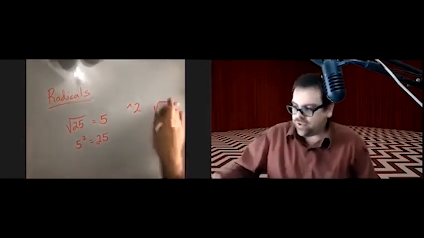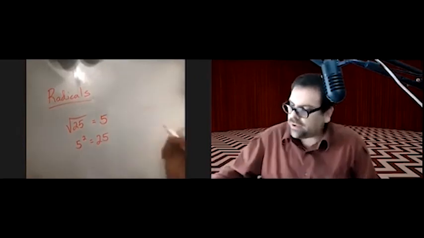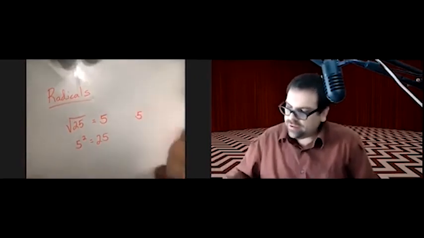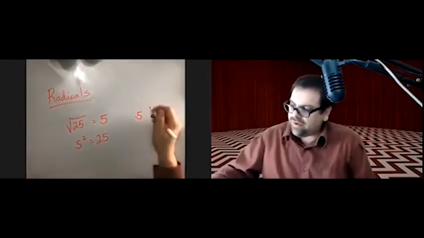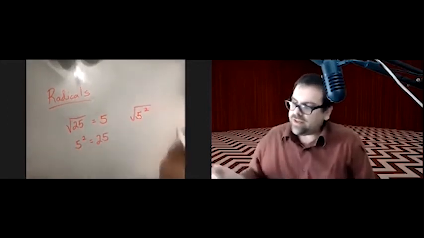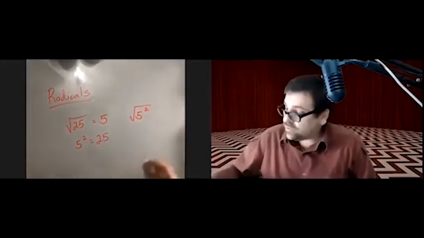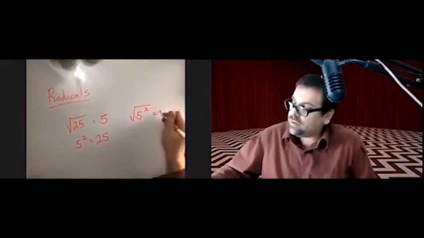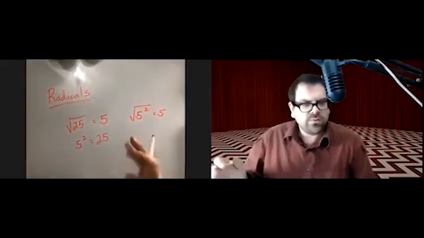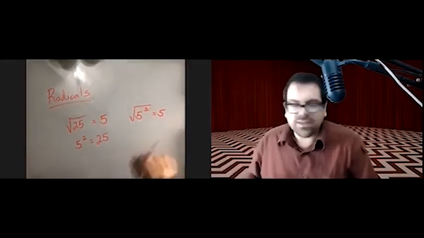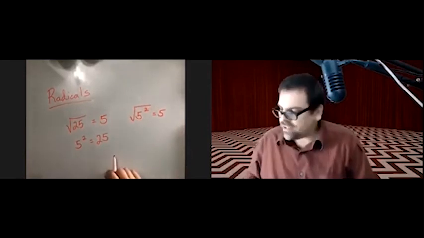They undo each other. In other words, if we have a number like 5 squared, and then we have the square root, the square and the square root kind of cancel each other out, just leaving us with what's underneath.